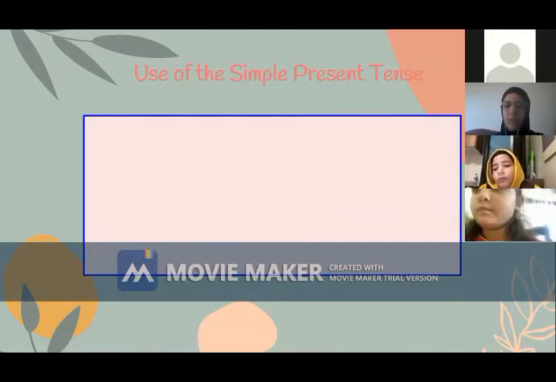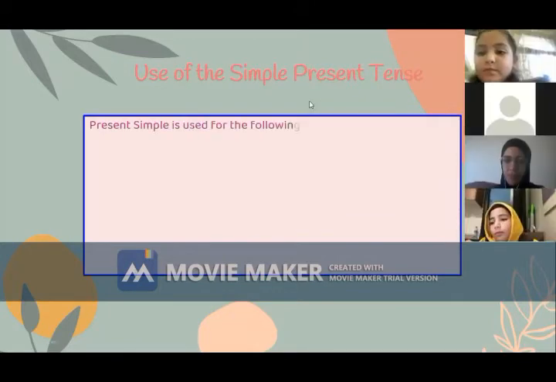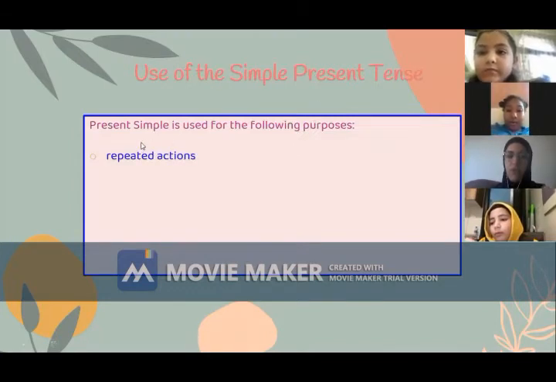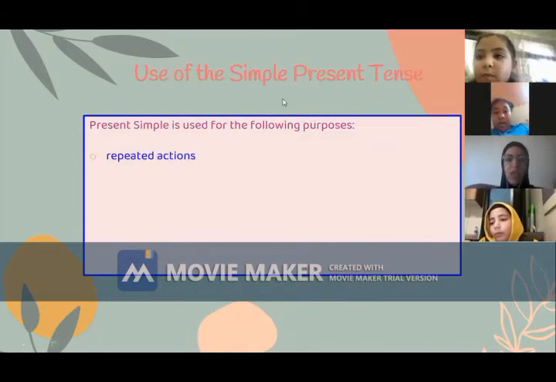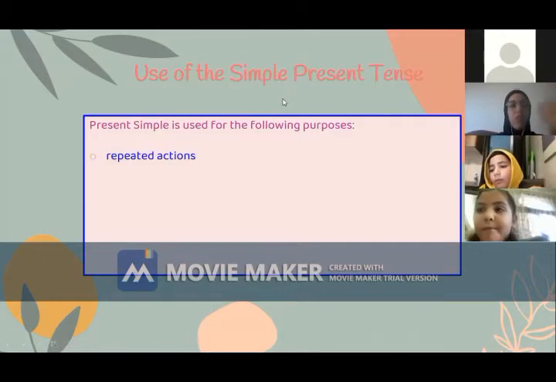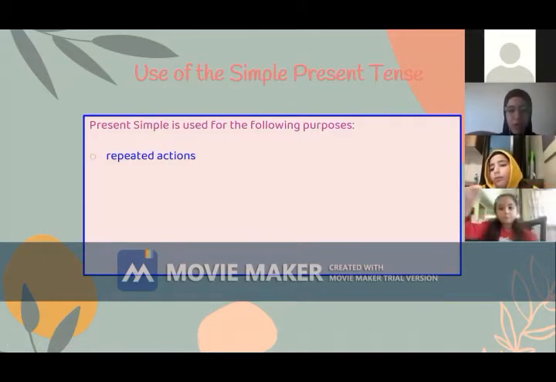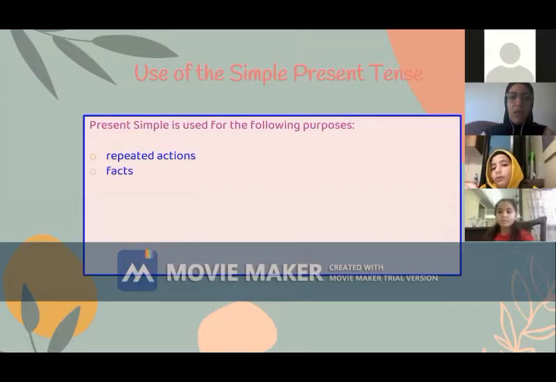We use the simple present tense for different purposes. First of all, for repeated actions, actions that we always do in the present. We can call them habitual actions. They are like a habit to us. And also for facts. Facts, we mean real information. It could be a fact about a person, an animal, nature, life.